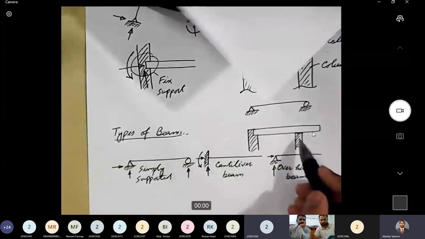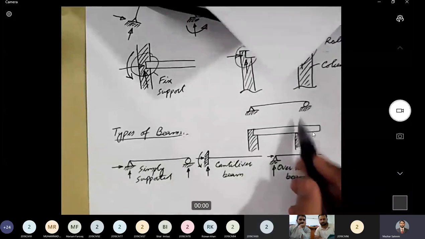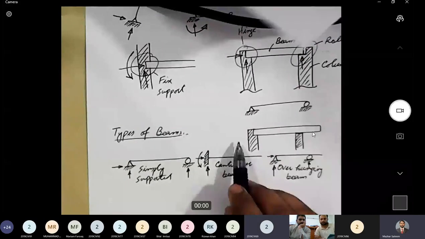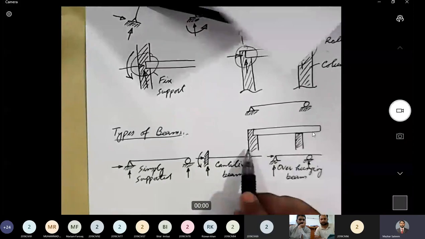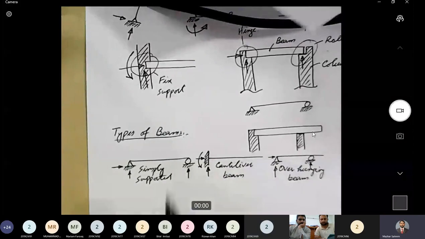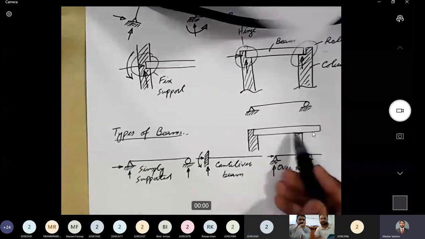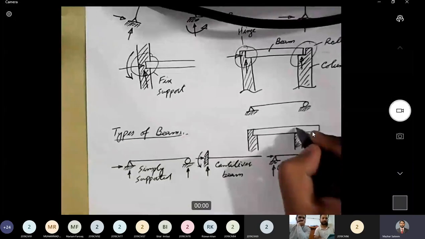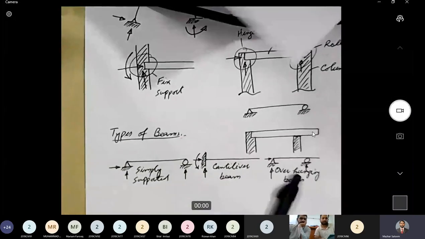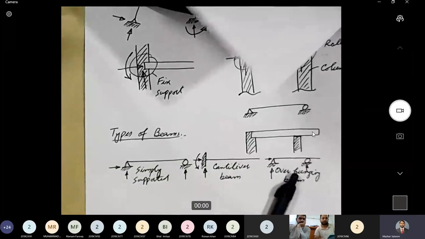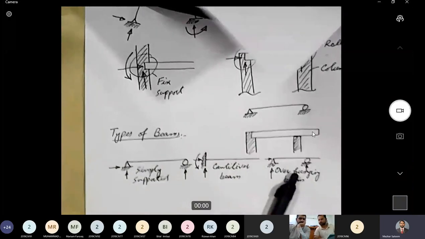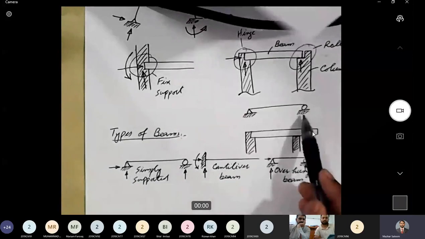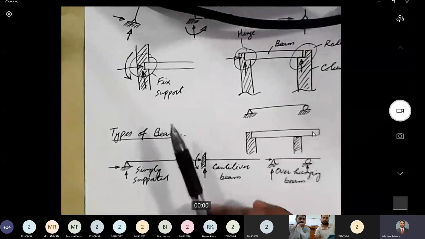No, it depends on whether we have another story at the top or not. If it's a ground floor and there is nothing at the top, it will be this type of arrangement. And if we have a column at the top as well, then, as I said earlier, theoretically we define these supports into three distinct types: roller support, hinge support, and fixed support.